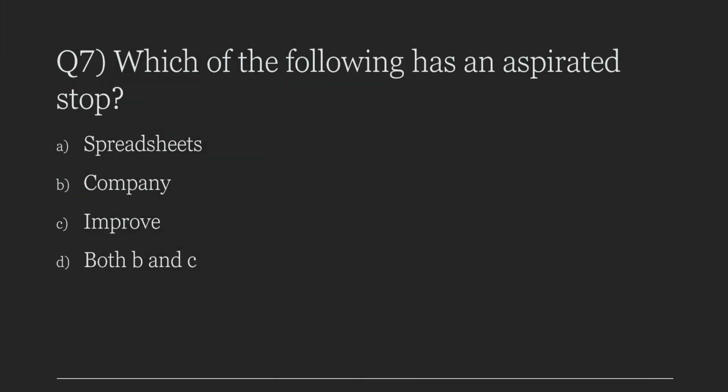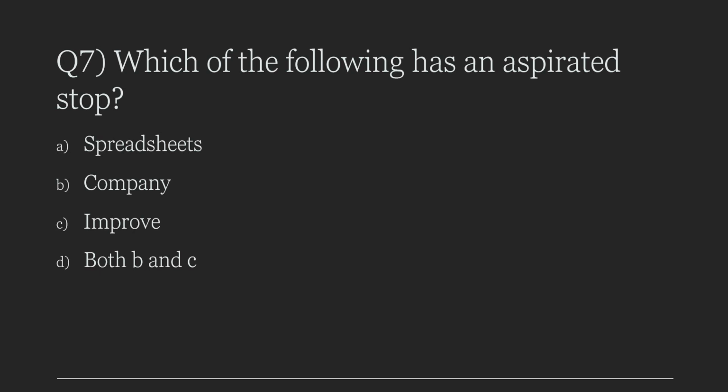Question number 7. In this, we have to tell which among these 3 words have an aspirated stop. An aspirated stop is present in those words which have a voiceless ending.